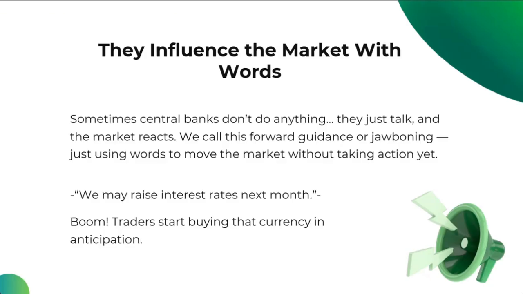All right. Now, this is actually interesting because sometimes the central bank does not need to do anything. They might just make a statement and the market will react to that statement or announcement. What we usually call this is forward guidance, or we call it jawboning. All right. So this is just the use of words to move the market without taking any action.